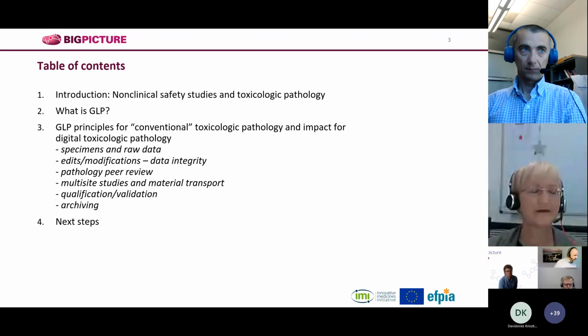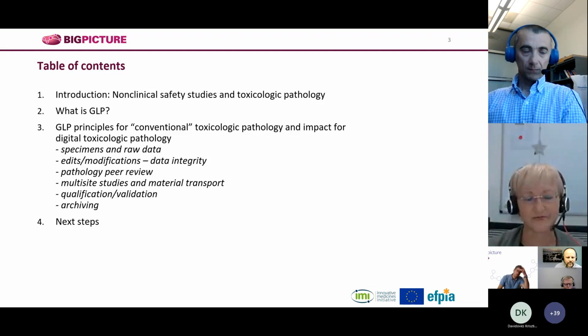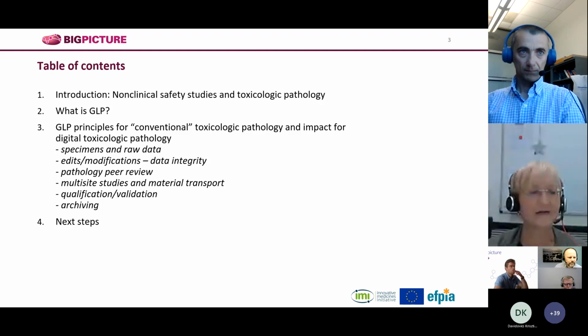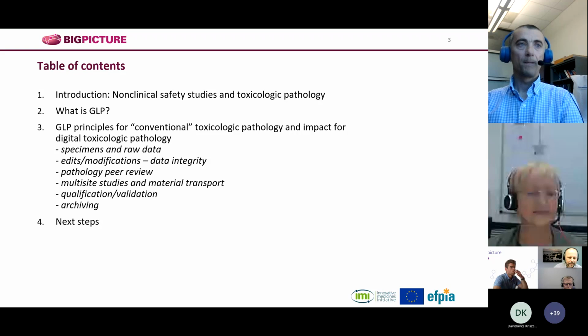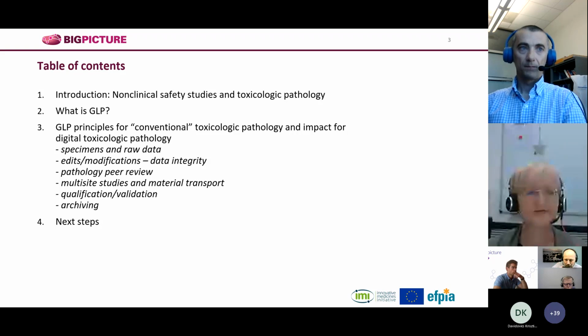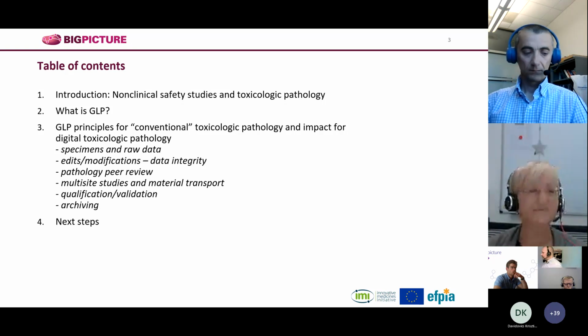And under 3, you can see a couple of points which touch on aspects that are important for our work in toxicologic pathology, where we will present in an alternating mode. So I will always present what is the conventional understanding of GLP for these aspects, and then Xavier will tell you what are now the challenges for the future with digital pathology. And finally, we will talk about the next steps in our endeavor.